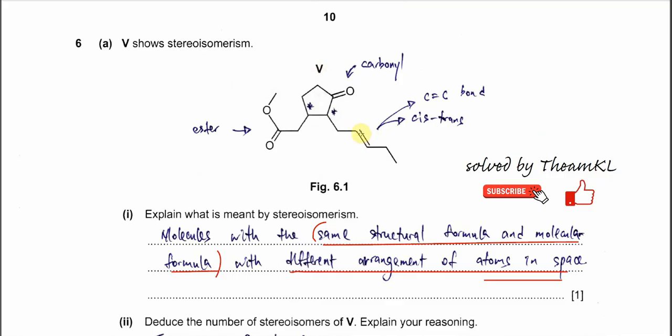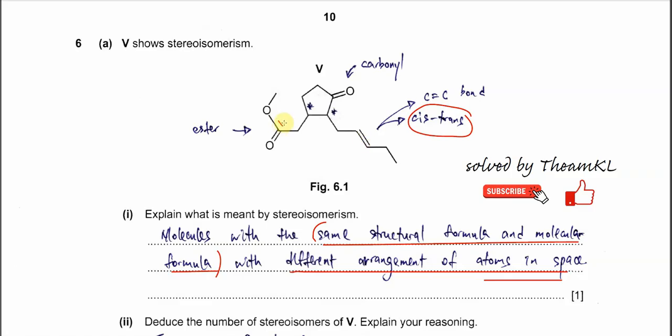So let's start with the C=C double bond here. Again, like what I told you just now, because these two carbons have two different groups, it can form cis-trans. After that, we need to find whether there are chiral carbons or not.